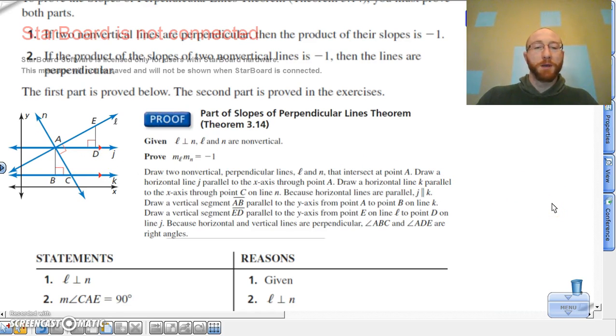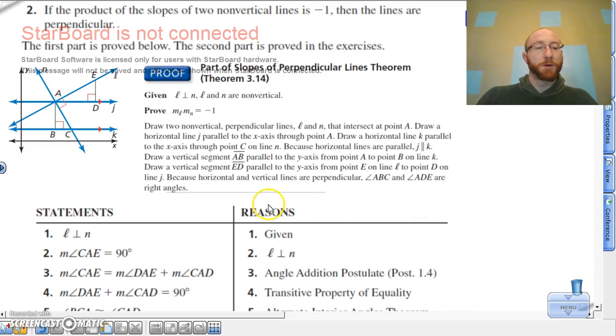So from here, we know that angle CAE is 90 degrees because it's a right angle, because it's perpendicular. We use the angle addition postulate to say that this angle plus this angle is 90. Then do a substitution to show that since these add up, that equals 90.